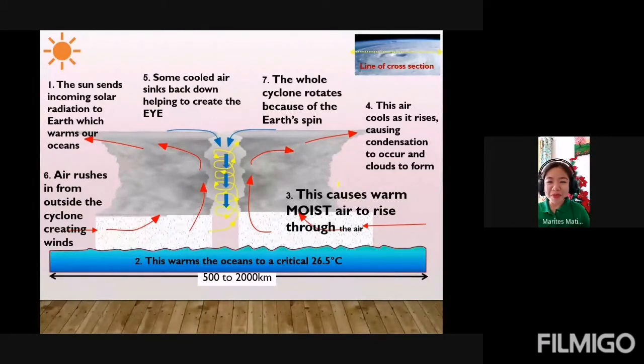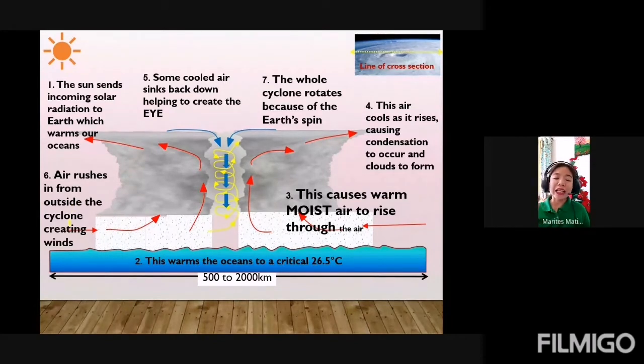That's why when there's a typhoon, it's cloudy. After that, some cold air sinks back down, helping to create the eye. So we now have what we call the eye of the typhoon. Then, air rushes in from outside the cyclone, creating winds.